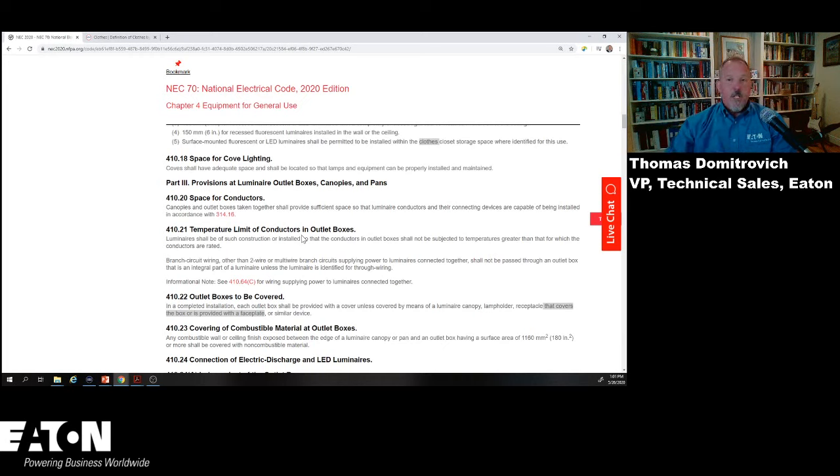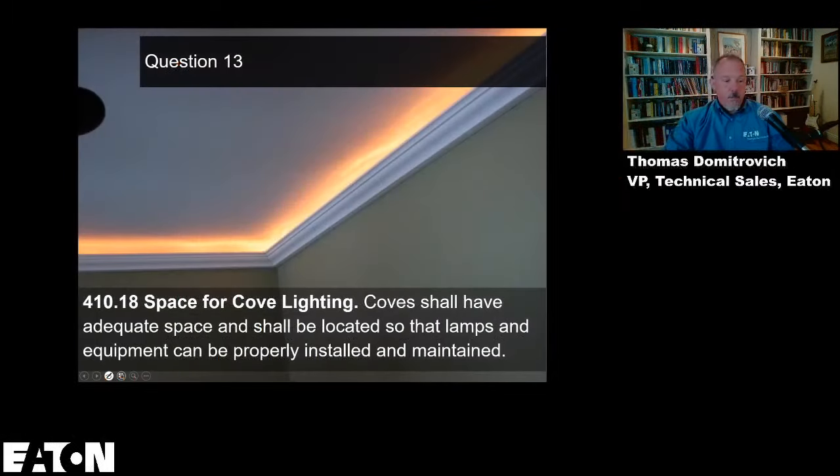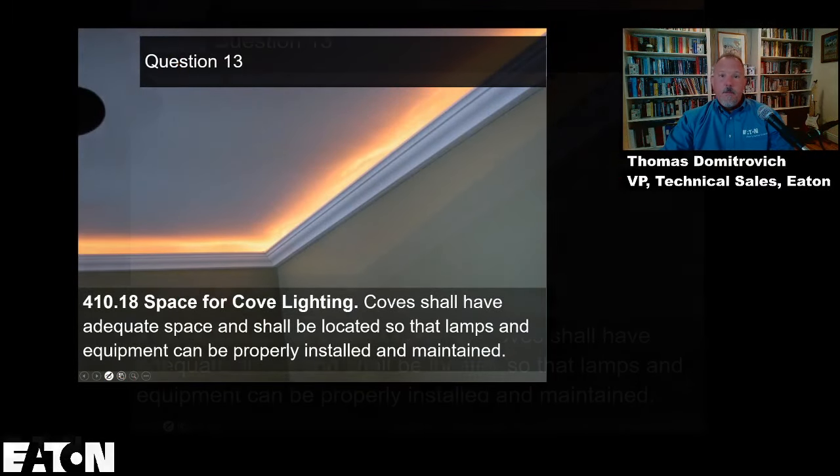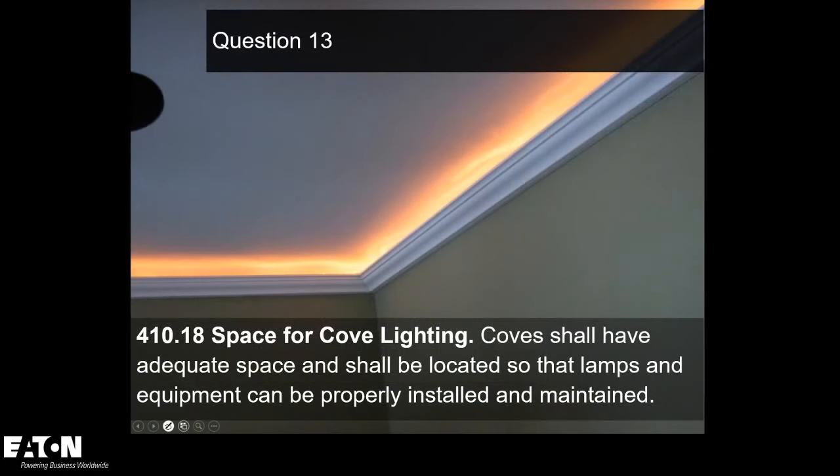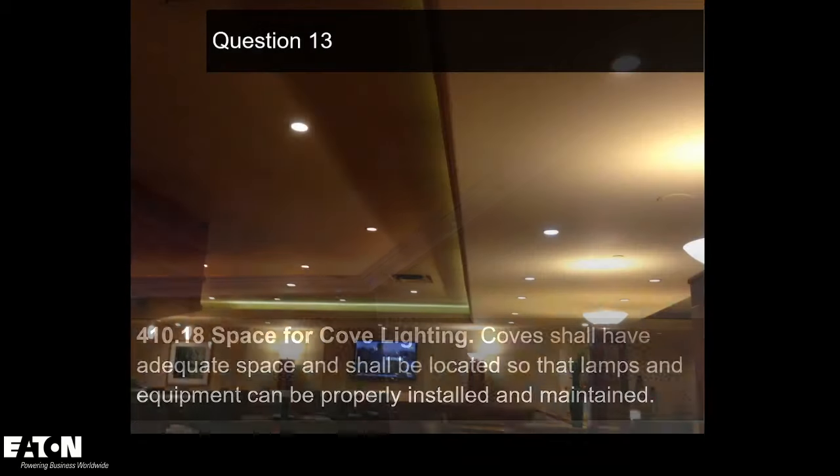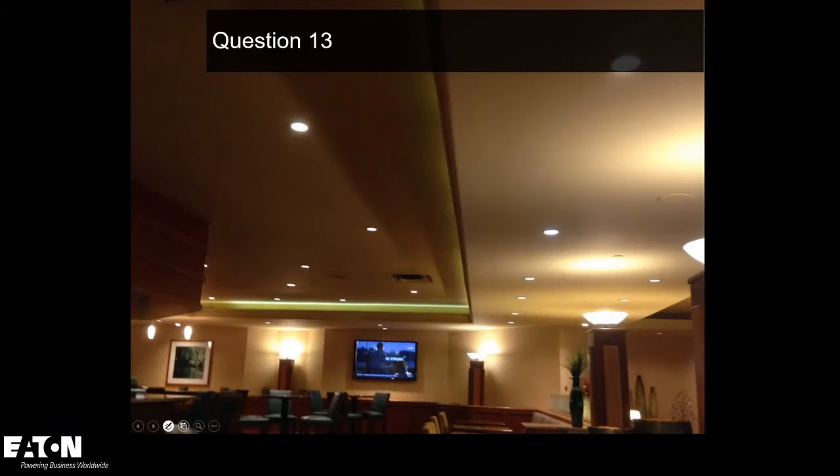That is a good question. Now, I grabbed a couple images. Here's an example, 410.18. There's the language, which is a simple one sentence. There's an example of cove lighting. Here's another example of cove lighting. There's another example.